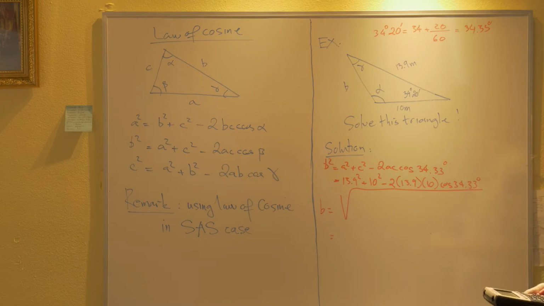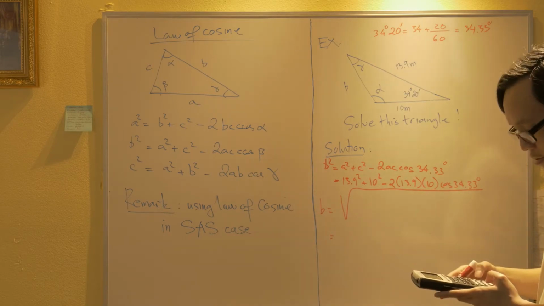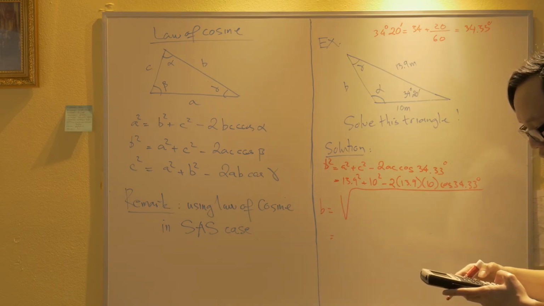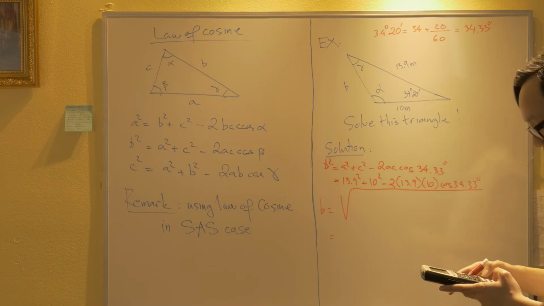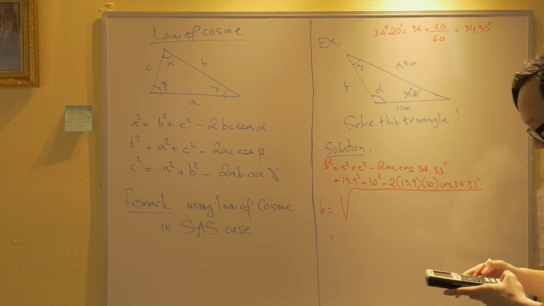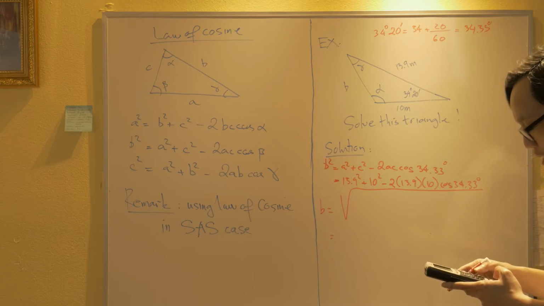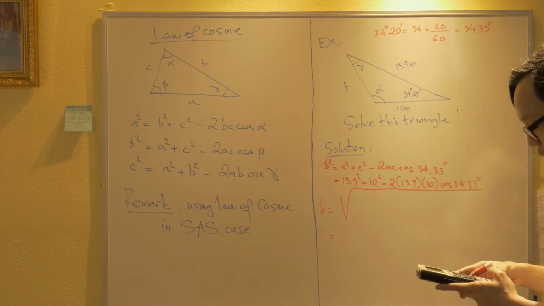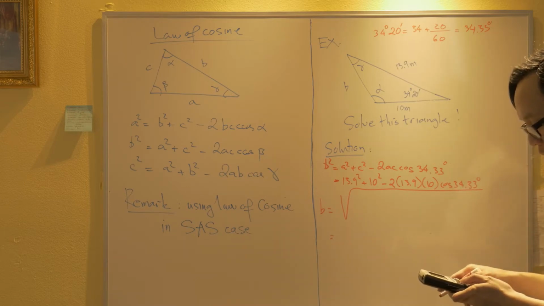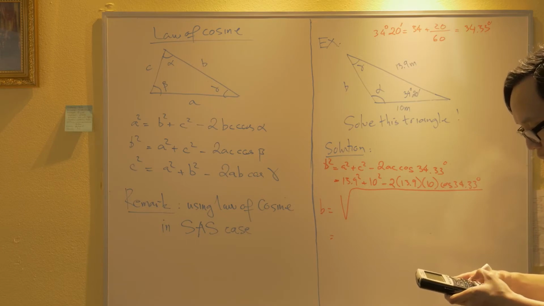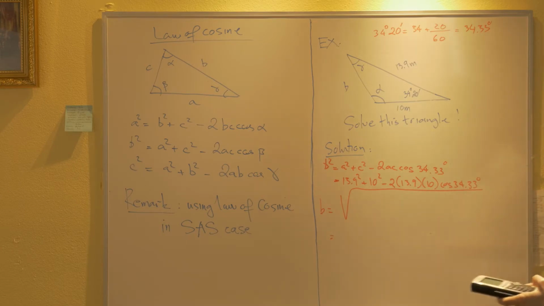So I have 13.9 squared plus 100 minus 2 times 13.9 times 10 times cosine 34.33 degrees, which gives you 63.63.